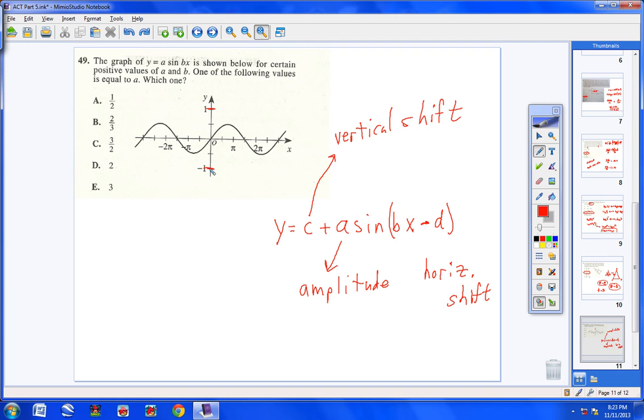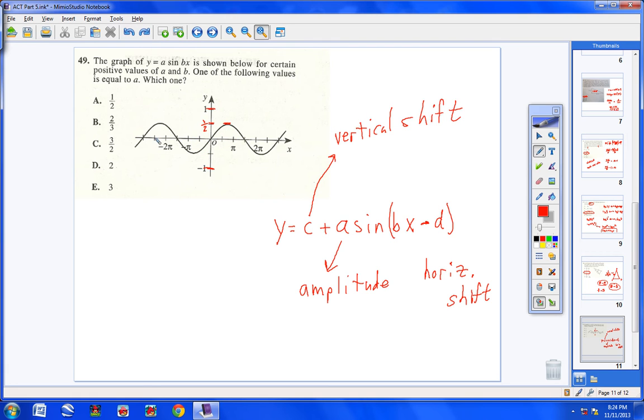It looks like the graph at its highest point goes to a half right here, up a half, and the middle of the graph is at 0 right here. So it looks like the height from here up to here is a half. It's a half. And it looks like the height going downward, if you want to call it a height, is a half.